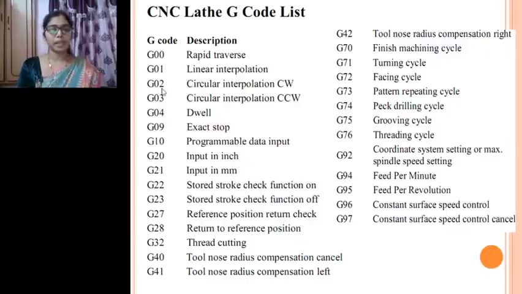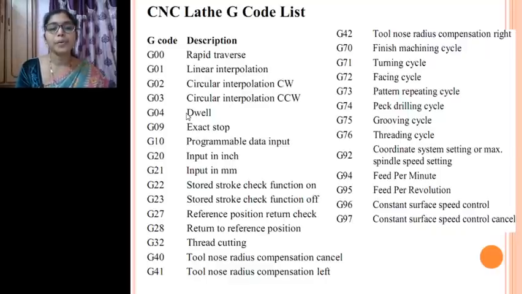There are certain codes which are predefined, as we have predefined functions in programming also. In the same way, here also we have predefined codes. If you use a particular code, it will do that particular operation.